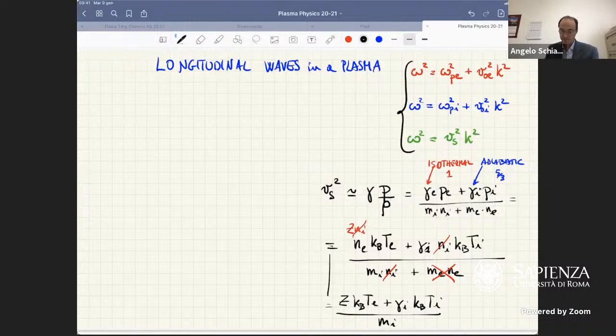and let's represent our 3 dispersion curves in a schematic plot as usual. So we plot omega of the wave as a function of the K number.